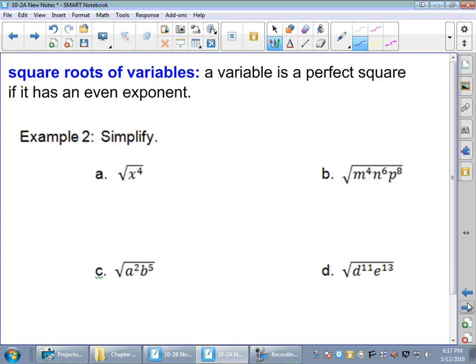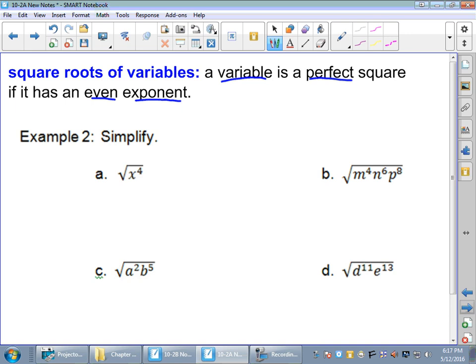All right, let's talk about variables. We're going to throw some variables into the mix. So for a square root of a variable, the variable is a perfect square if it has an even exponent. Variables are perfect if they have an even exponent.